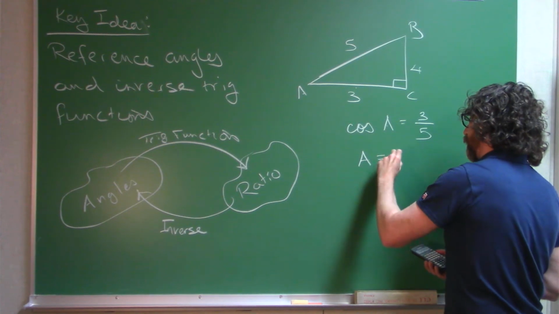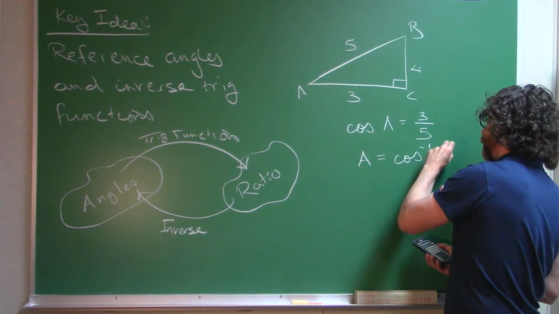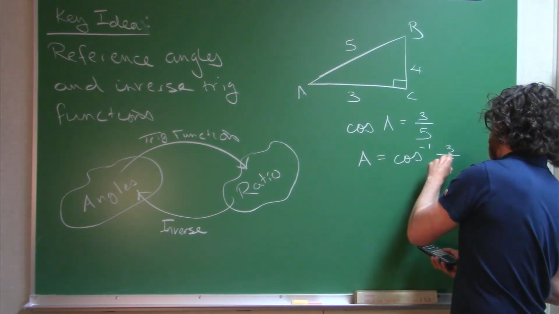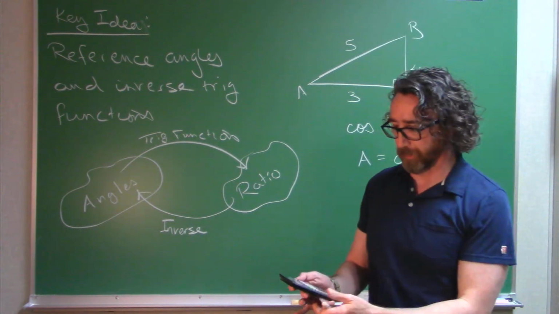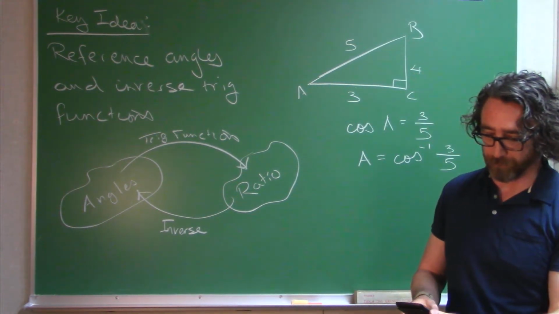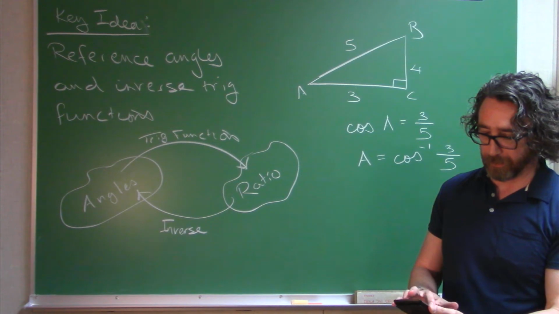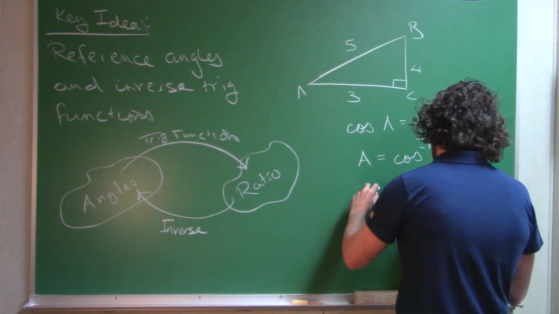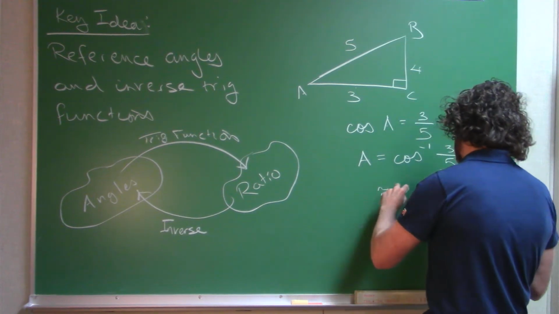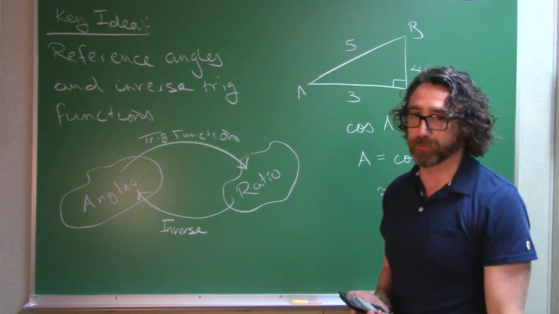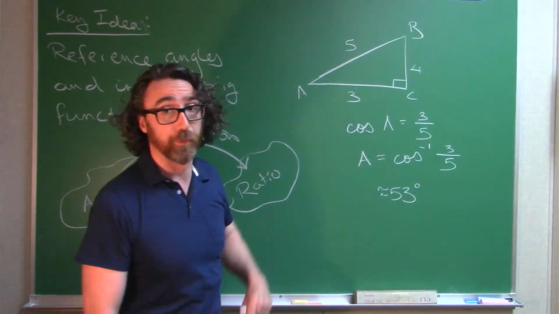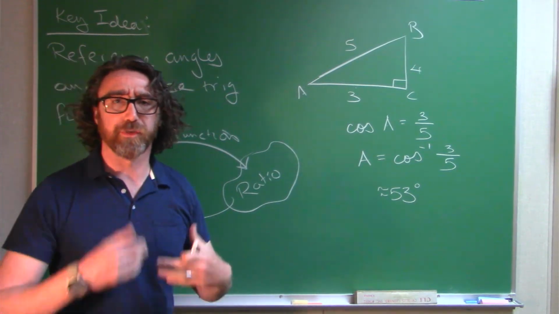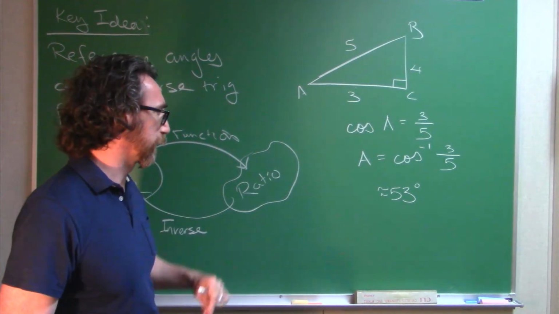To find angle A, I would use my inverse trig function, and I'm going to use my calculator to do that, so I'll do 3 over 5, and then second cosine, so approximately 53 degrees. And then I can find the other angle as well. So the inverse trig function is very useful for doing stuff like that.